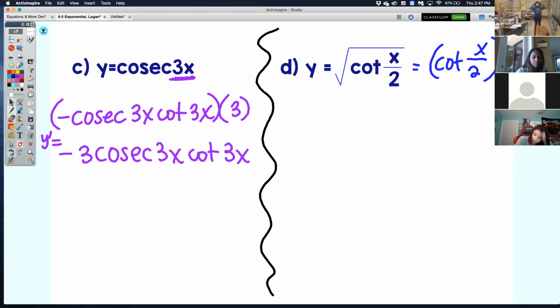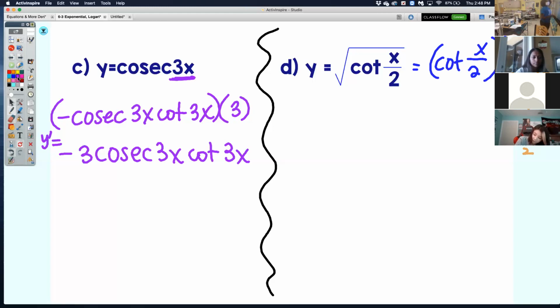I have x to the 1/2. That's my most outside function. And then I have, for the inside function, cotangent x over 2. But then within that, I have another chain. I have cotangent x, and then I have x over 2. So I need to take the derivative of the most outside function, which is x to the 1/2.